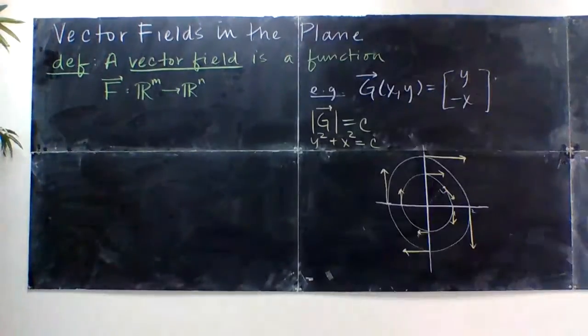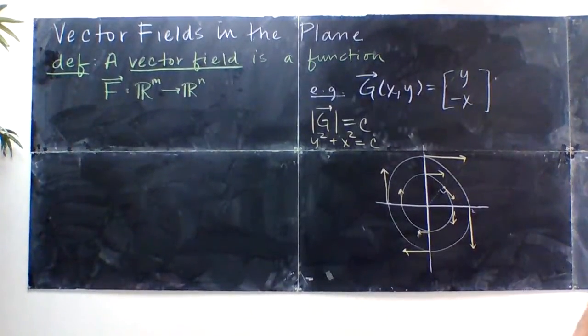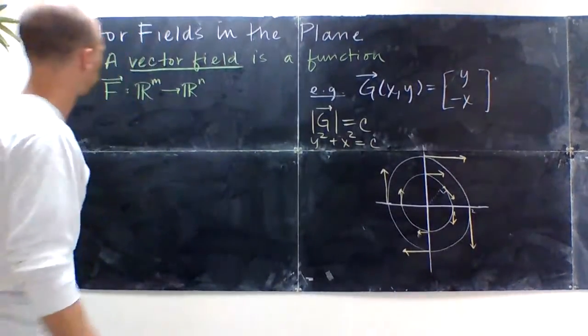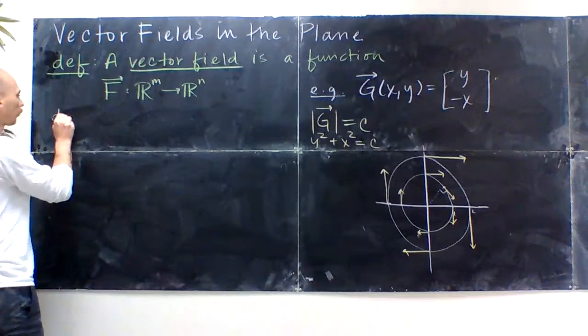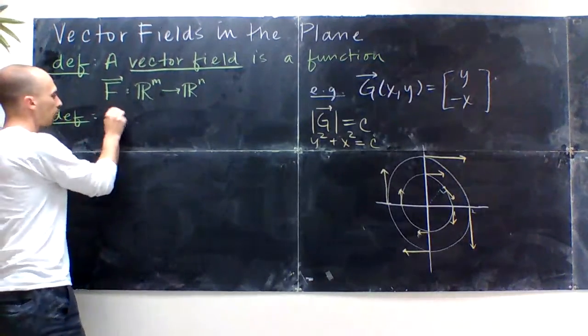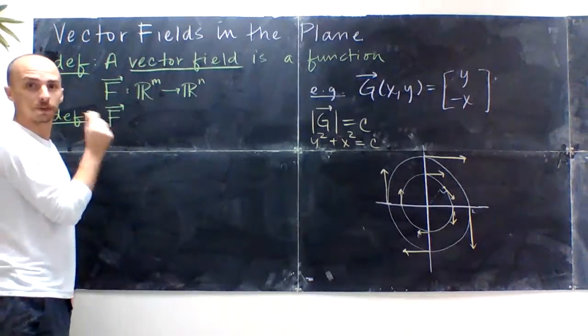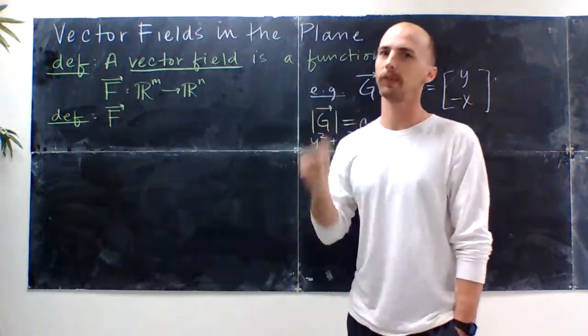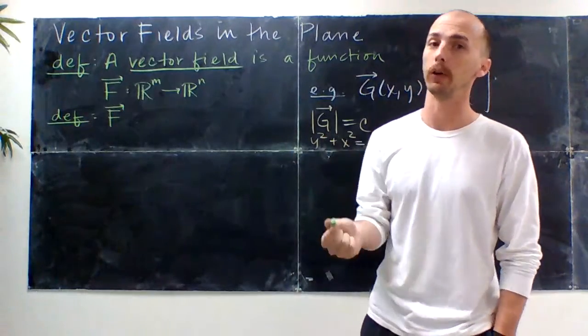Okay, so the second thing I need to tell you is the definition of a conservative vector field. A vector field F is conservative if it can be expressed as the gradient of some other real valued function.